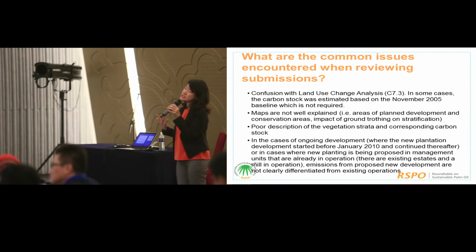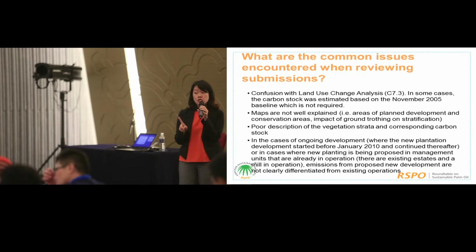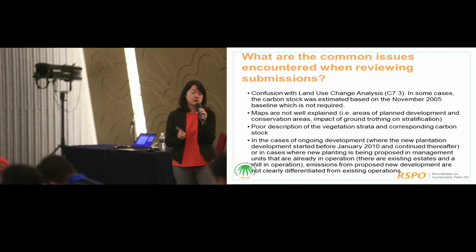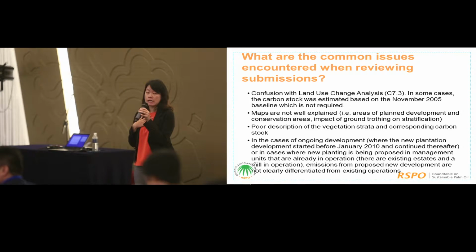But the others are still there, which is why we want to address it with better explanation in our greenhouse gas assessment procedure, because we realize that the fault is not necessarily on the companies. We could have actually improved on our side in giving better guidance for these things. The maps are not well explained. There's poor description of the kind of vegetation strata that they see and the corresponding carbon stock.